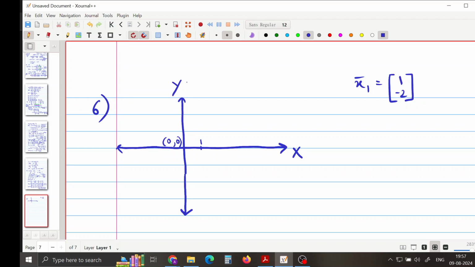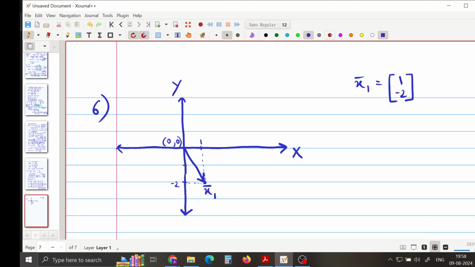This could be 2 units. This is minus 2. So 1 comma minus 2, this point here. This is my given vector, the original vector x1. And I want to rotate this by an angle of 60 degrees in the counterclockwise direction.